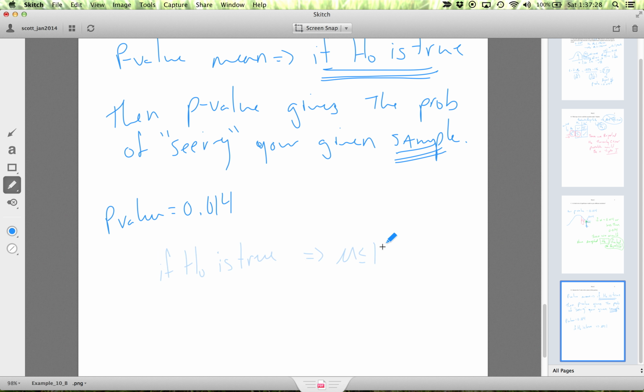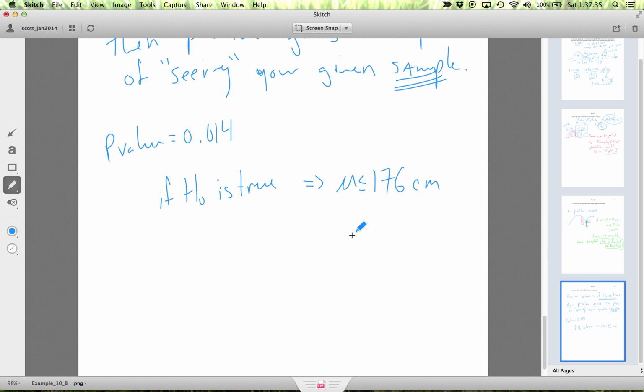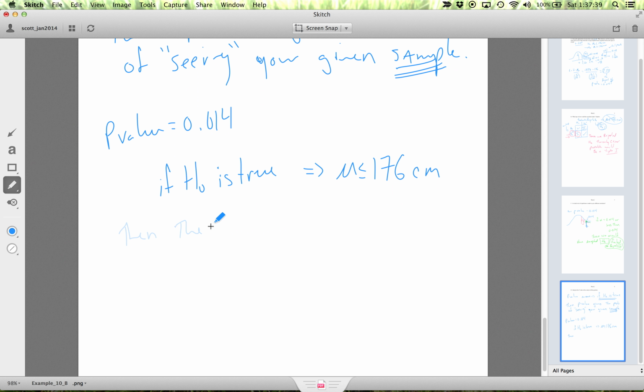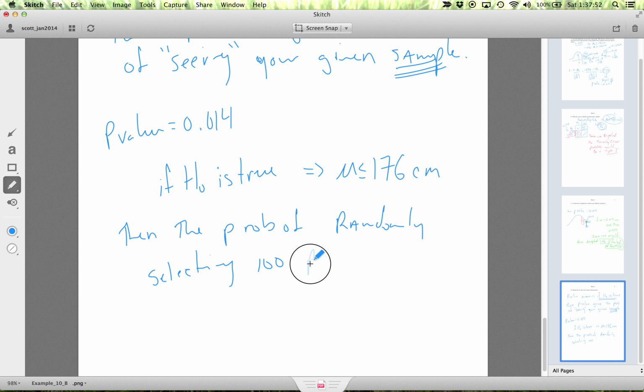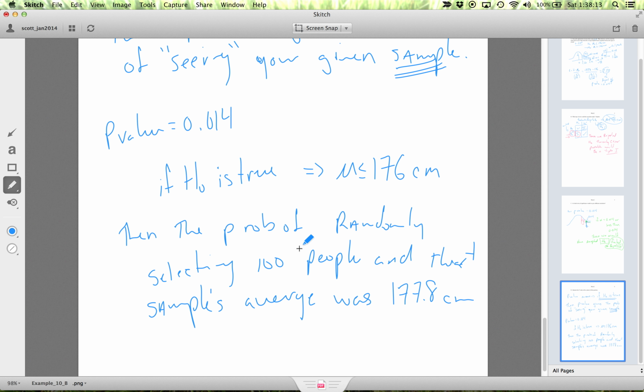If the average Canadian height is less than or equal to 176 centimeters, if that is true, then the probability of randomly selecting 100 people and that sample average was 177.8 centimeters, the probability of that actually happening here is 0.014 or 1.4%.